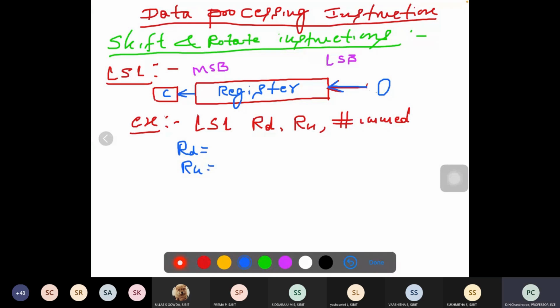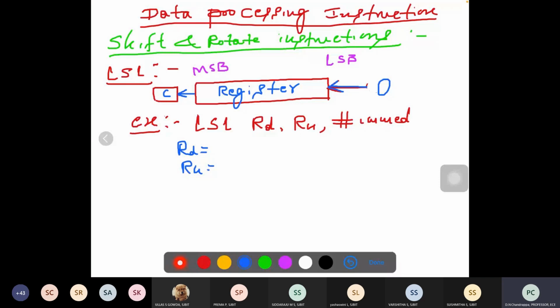So before that, please note down: RD equals destination register.